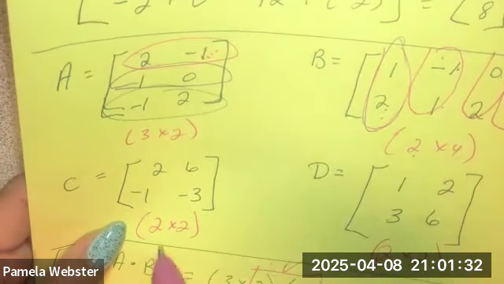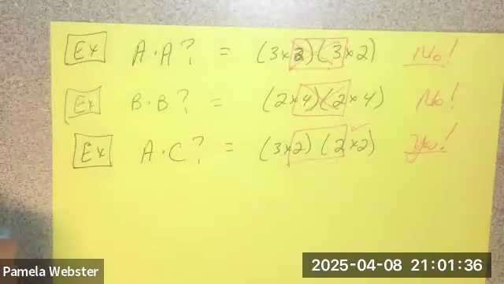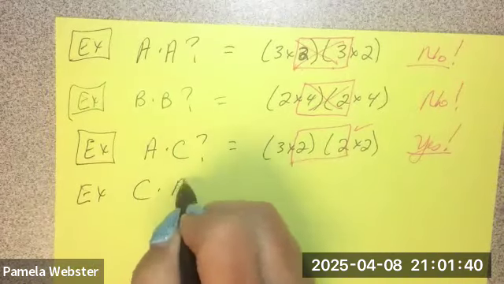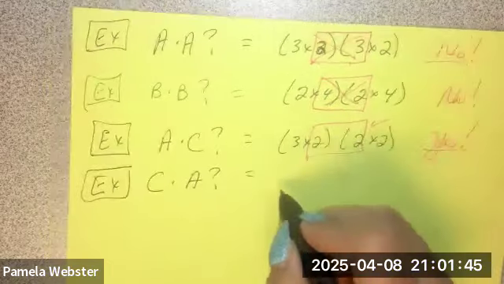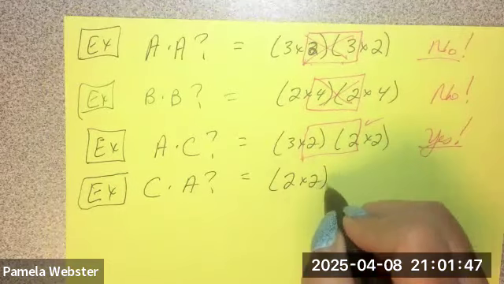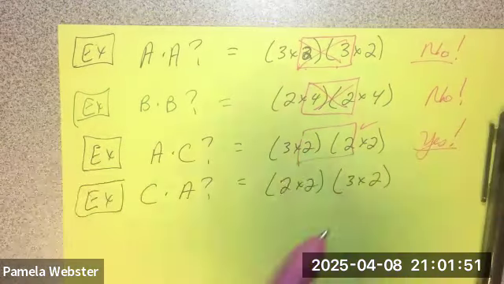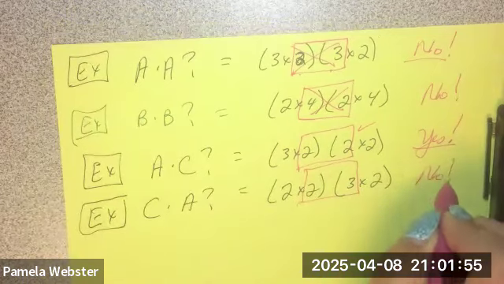Can I do it the other way around? Can I do C times A? Oh, let's see. C times A. Think about it. What do you think? You think you can do that? No. Okay.